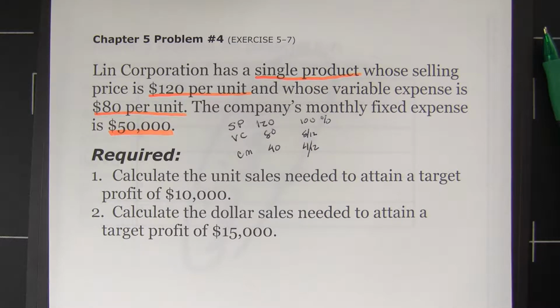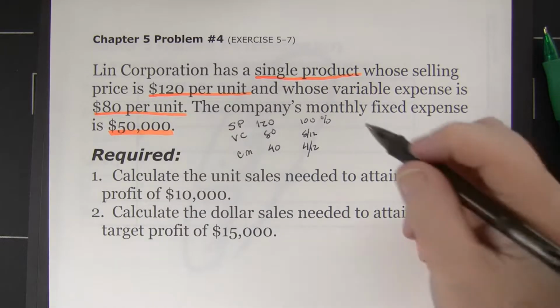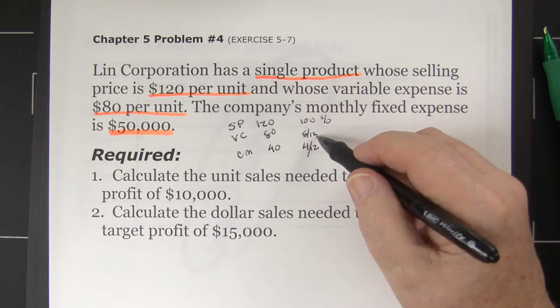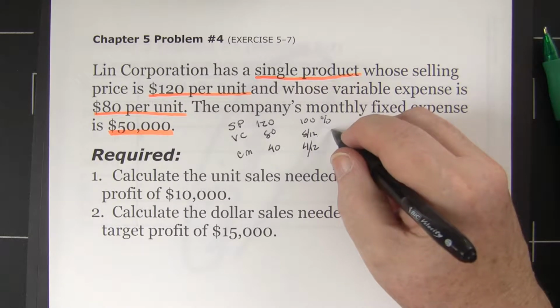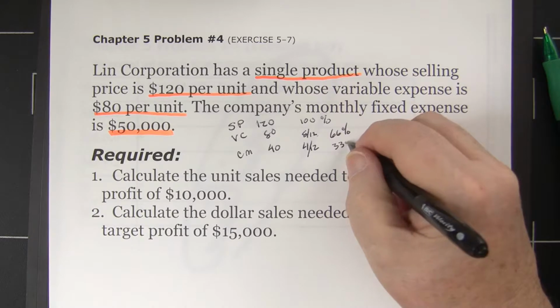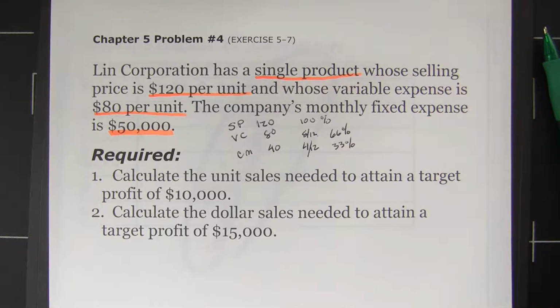So that works out to be 2/3, 1/3. 8/12: 4 and 8 goes 2, 4 and 12 goes 3. That's 2/3, that's 66%, and 33%. I'm happy now. I've figured that out.